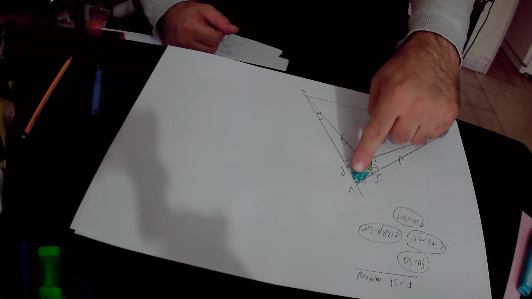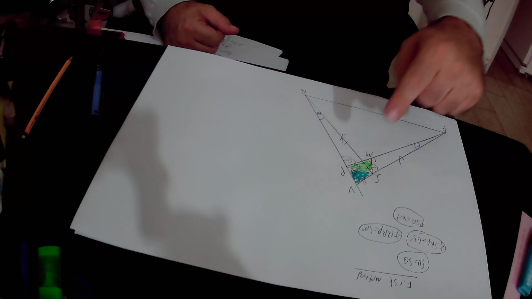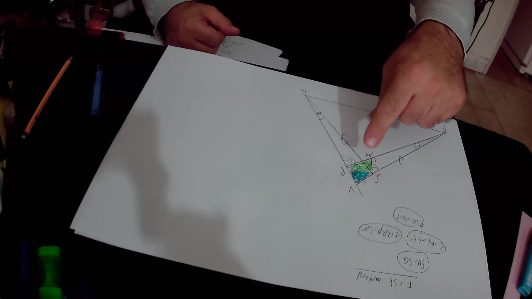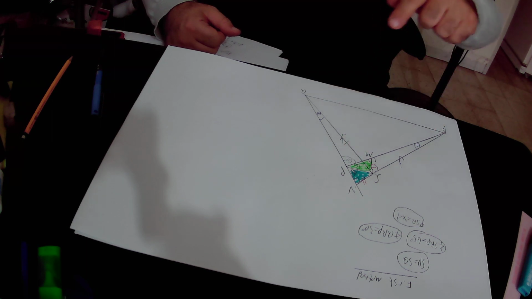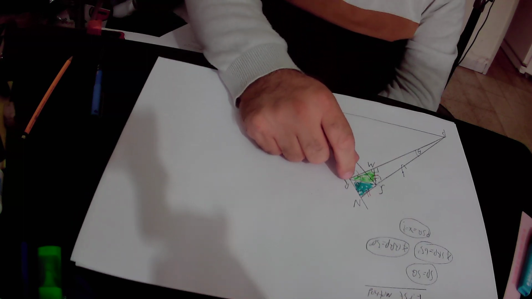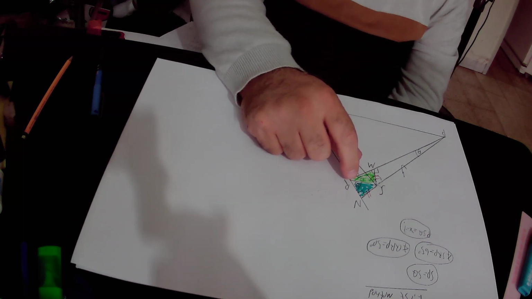So this angle must also be equal to 65 degrees in order to complete the sum of the angles on the straight line QR at point M to 180 degrees. So this angle equals 65 degrees. So we have two angles that are both equal to 65 degrees.